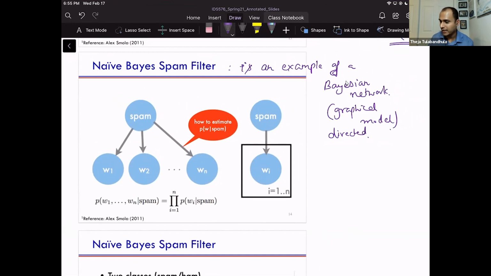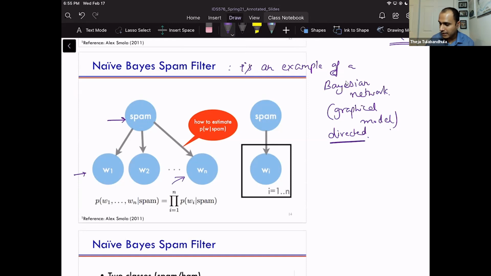That's why this is called a Bayesian network or a graphical model. The graph will have nodes as the random variables themselves. Spam is a random variable, therefore there's a node, a circular dot here. Similarly, each of the words is a random variable, so each will have a corresponding node. A graph basically means a collection of nodes and edges between them.